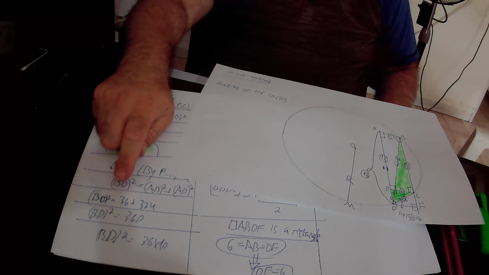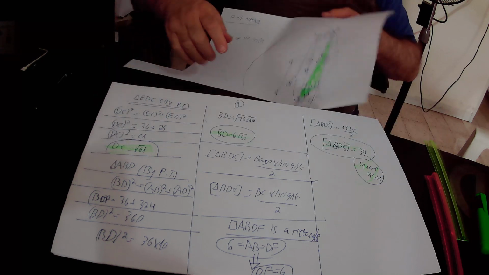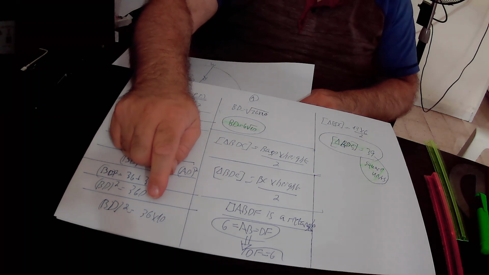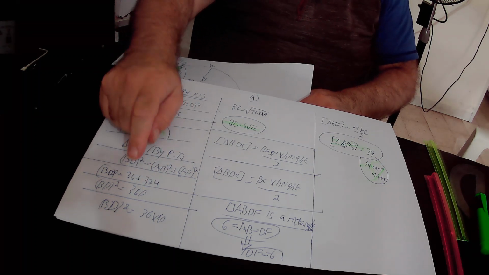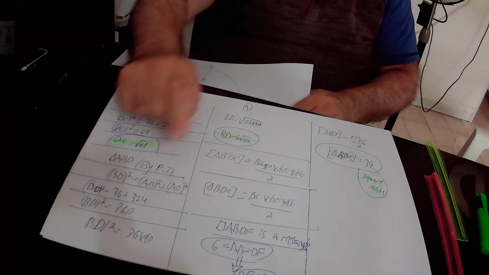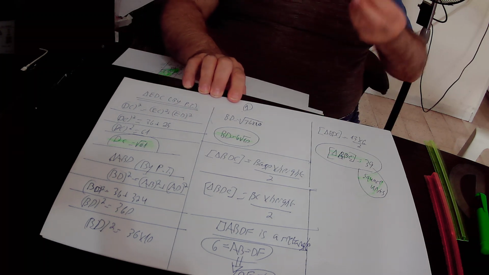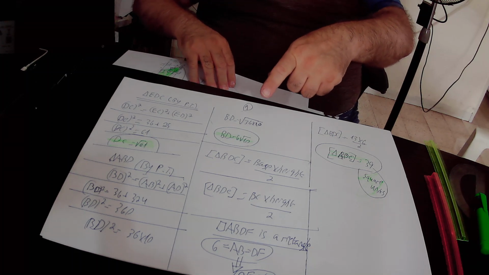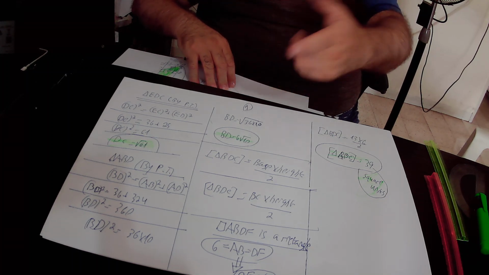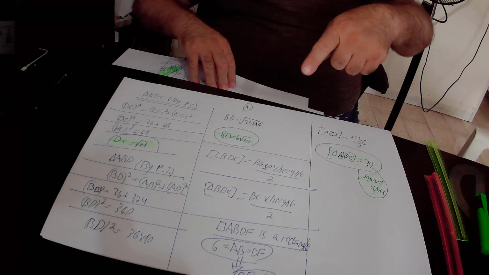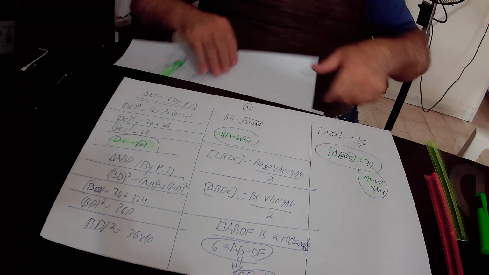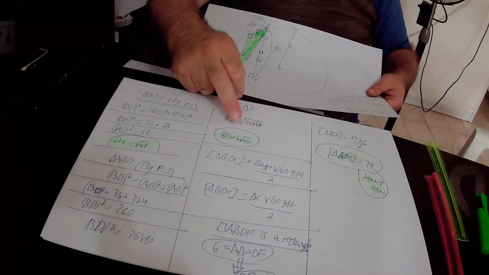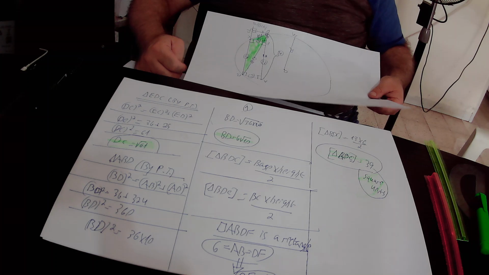So BD square equals 360, then we substituted 360 by 36 times 10, then we took a root of this equation and we found out that BD equals the square root of 36 times 10. Then we took 36 out of the root, the square root of 36 is 6, so in conclusion we found out that the length of the hypotenuse BD equals 6 times square root of 10 units.